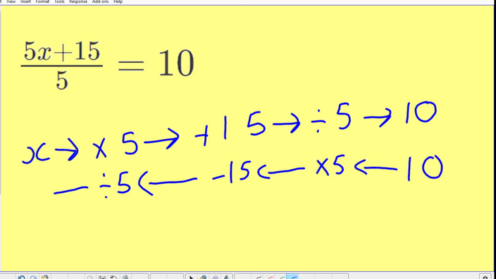And that will give us x. So 10 multiplied by 5 is 50. If we take 15 off that, that gives us 35. And then 35 divided by 5 is 7. So here, x is equal to 7.